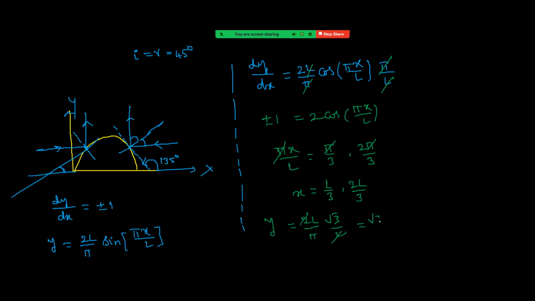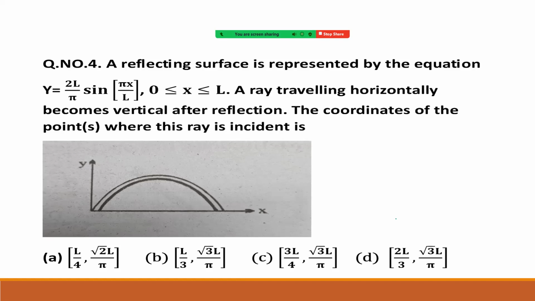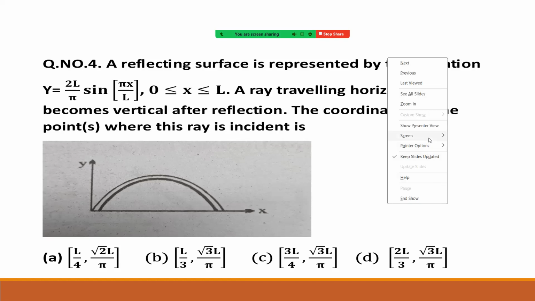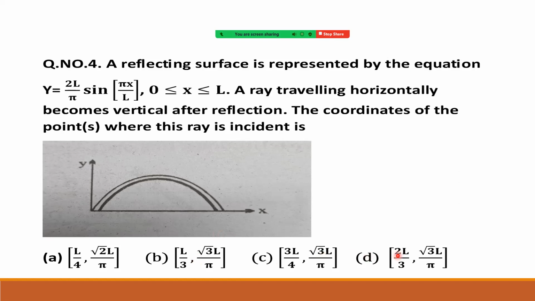It is now root 3L upon pi. Okay. So having two x values, L by 3, 2L by 3, and the corresponding y value, root 3L upon pi, right? So the answer is option B and option D, right?